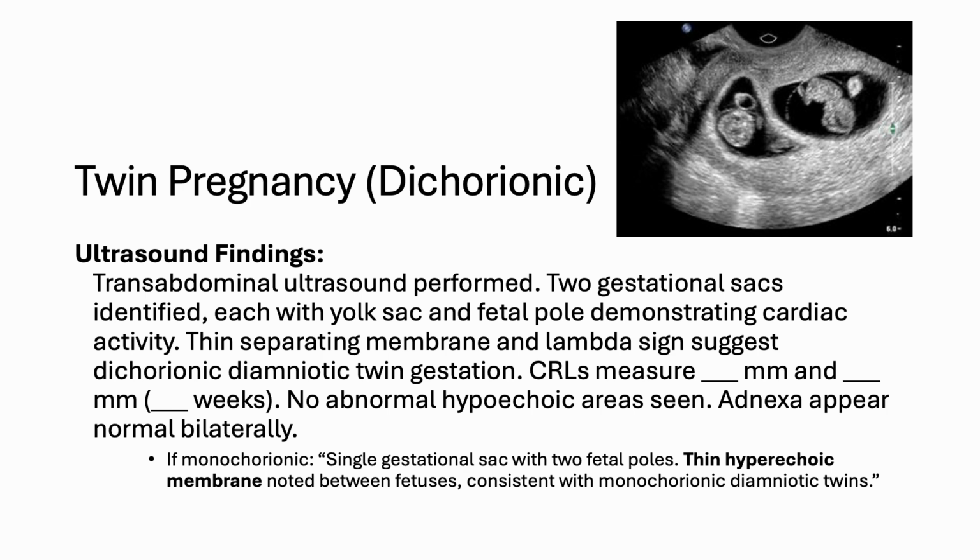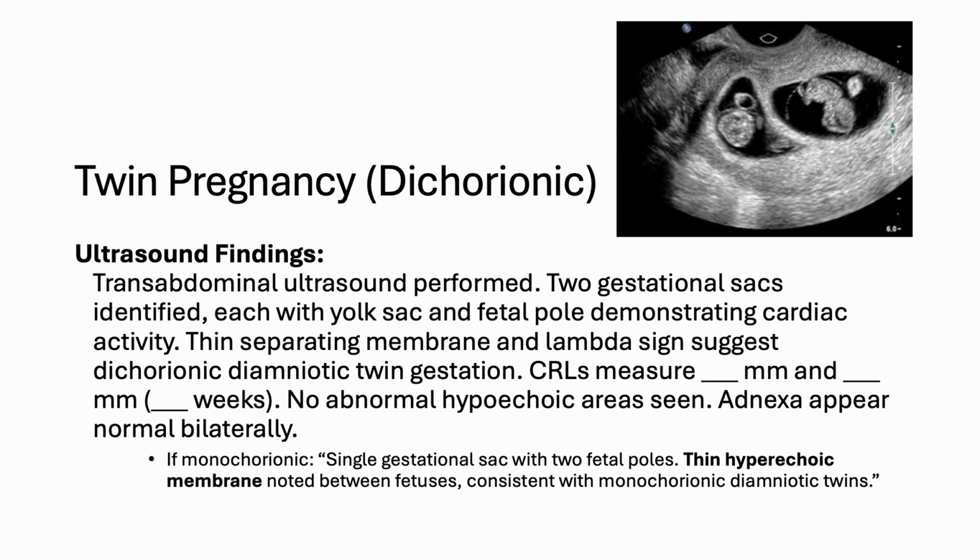So a transabdominal ultrasound was performed. 2 gestational sacs were identified, each with a yolk sac and fetal pole, demonstrated cardiac activity. Thin separating membrane and lambda signs suggest diamniotic twin gestation. Crown rump lengths measure however many millimeters and however many millimeters, showing that there are X number of weeks gestation.